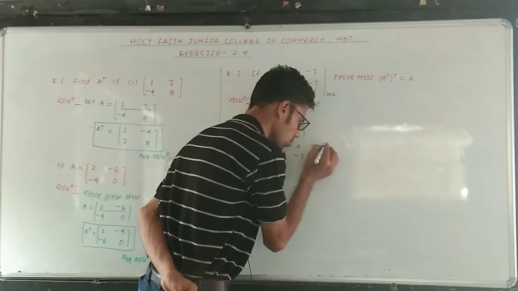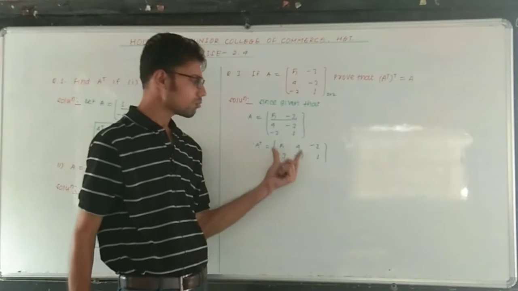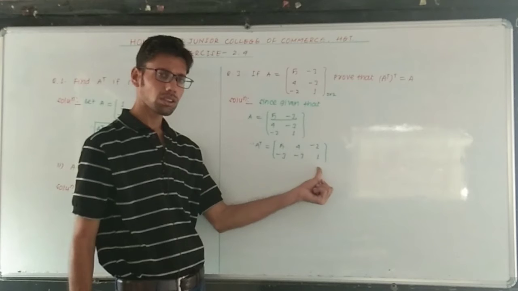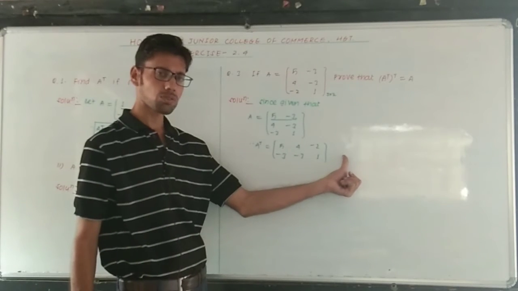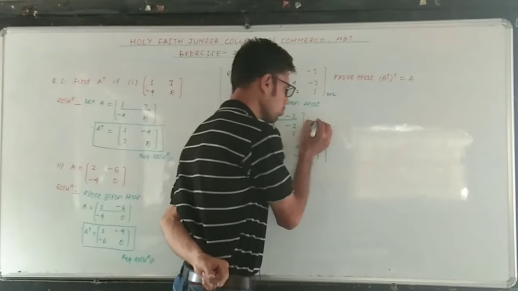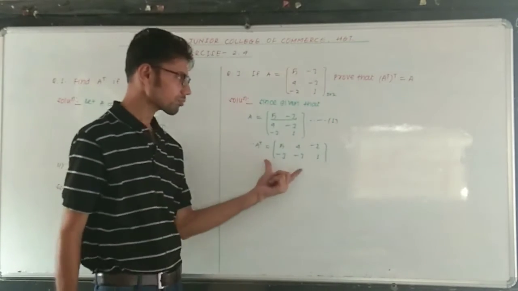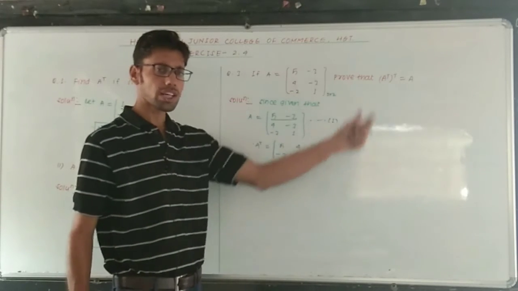And the third row into the third column. What is the third row? -2, 1. We convert it into the third column. This is the value of A transpose. We label this equation number 1. Now we have to find the value of A transpose whole transpose.